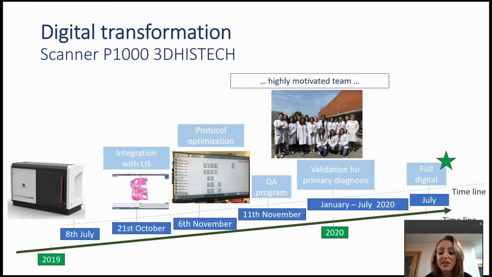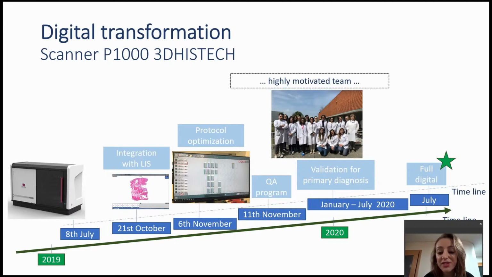We started the digital transformation of our lab some years ago, and all of this got the perfect moment when we acquired the P1000 3D Stack scanner in July 2019. Since then, we've been rapidly taking actions to integrate the scanner in our LIS system, to optimize protocols, and to establish a solid QA program.